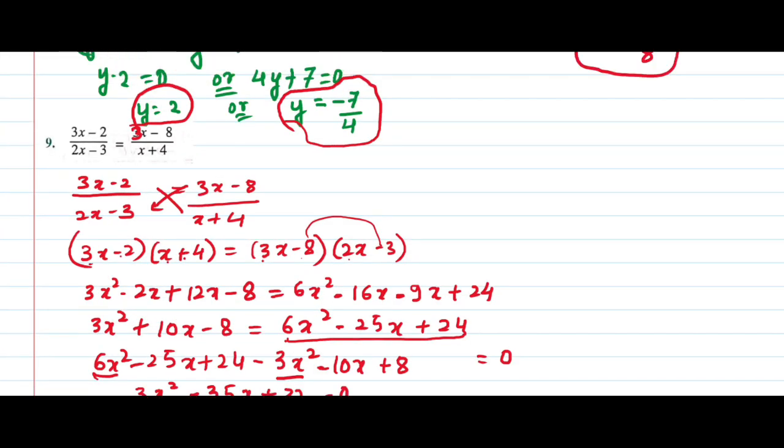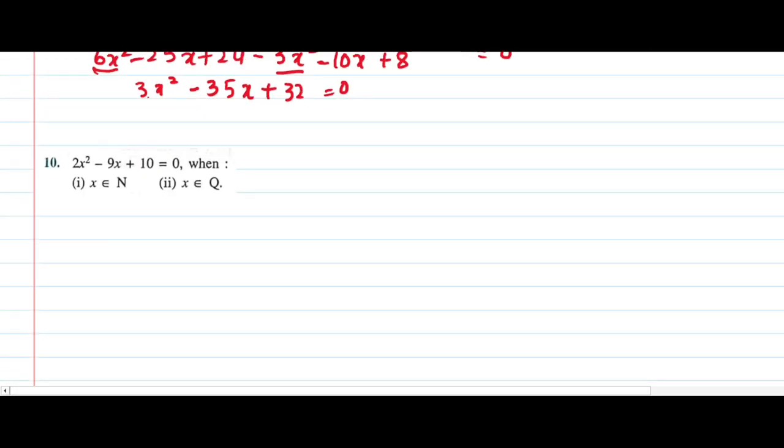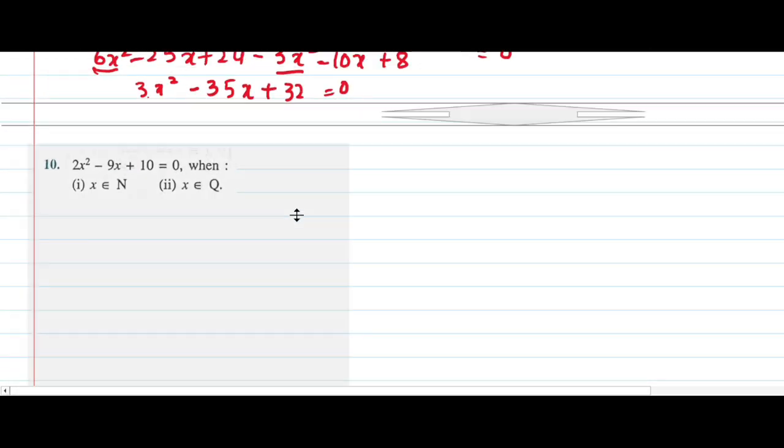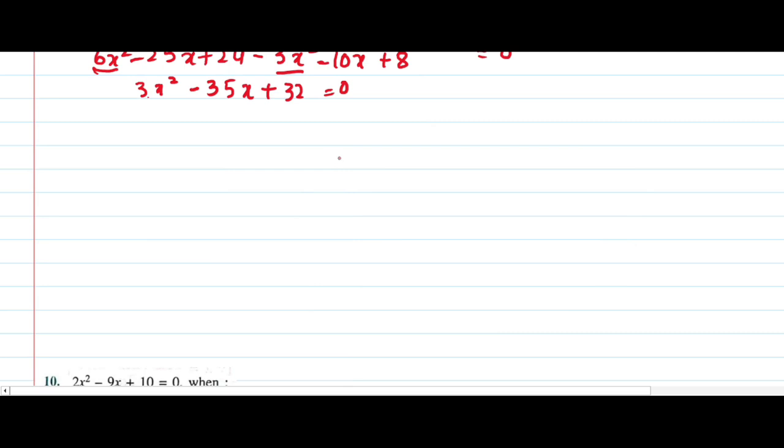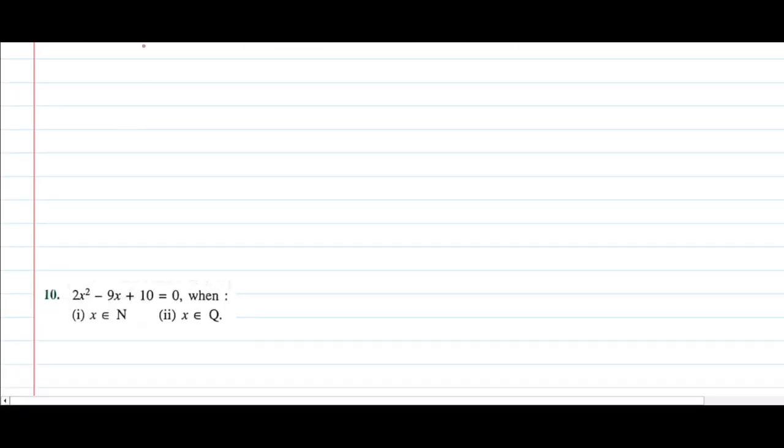So there is no space left, I'll insert some space here. Yes, so what I'll get here is 3x square minus 35x plus 32.